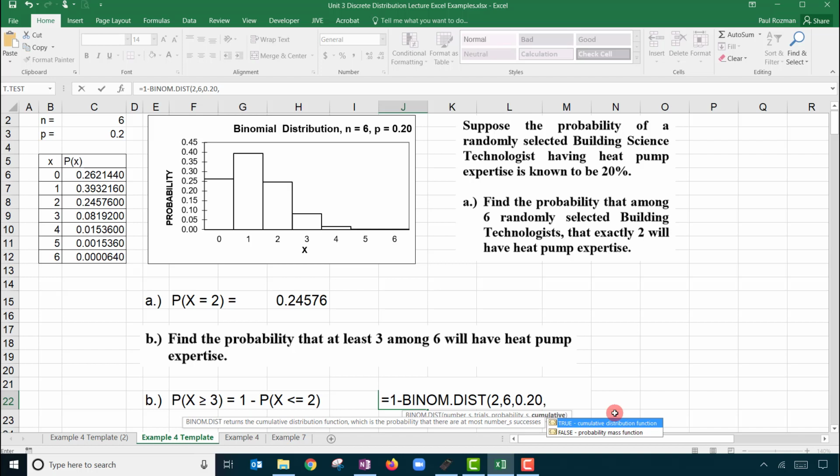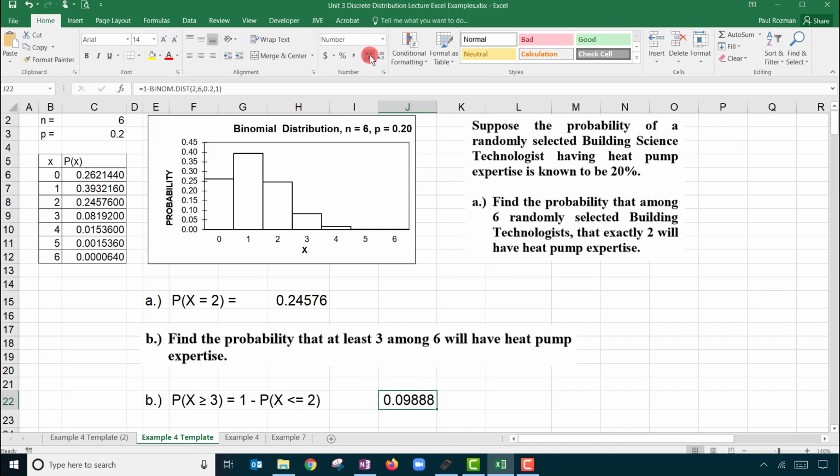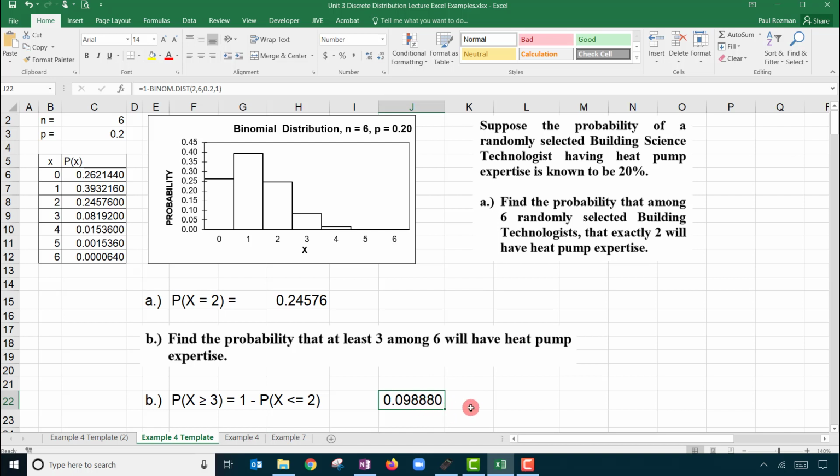And here's my opportunity to put a 1 or true for cumulative, because I do want it to sum basically 2, 1, and 0 together. And I also will be subtracting it from 1. And you get the answer that we had when we used our calculator. If I maybe bump up the number of decimal places there, you'll see that it matches what our calculator gave.